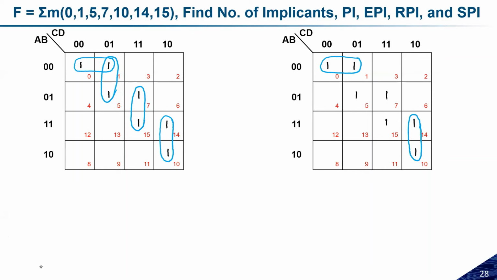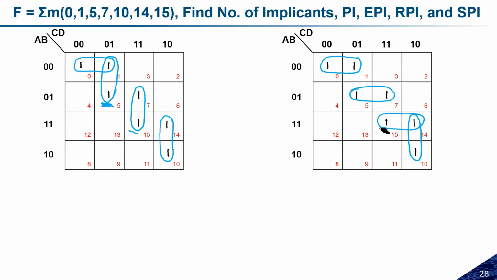Just try to understand. In the first K-map, I made a pair of this one and this one, and all the ones are covered. The second possibility could be I make the pair with this one or this one. The third possibility could be I make the pair of this one with this one and with this one. This is also possible.